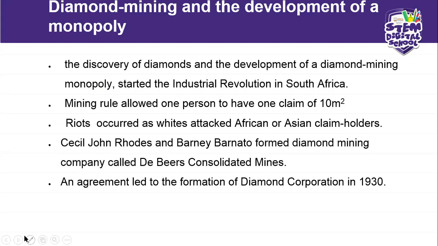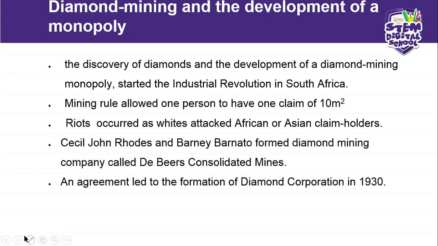So there were conflicts between the white people and the African and the Asian, which led to riots. Cecil John Rhodes and Barney Barnato formed a diamond mining company called De Beers Consolidated Mines. You've heard about Cecil John Rhodes and Barney Barnato. Those two founded the diamond mining company called De Beers.